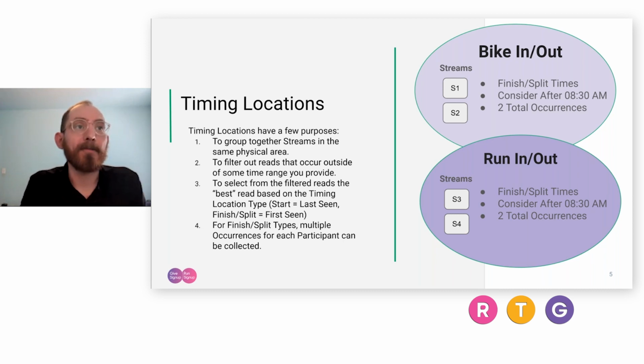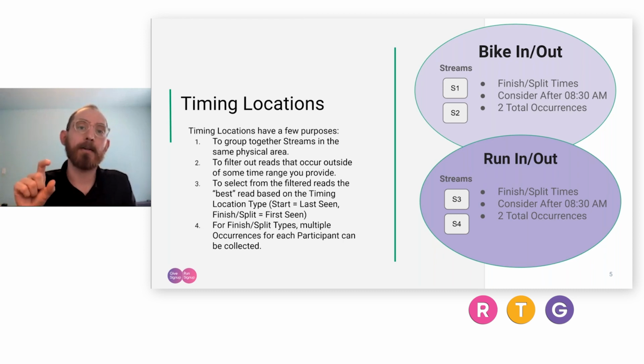And then if you're using a finish or a split type, you also have the option to say that this location can accept up to X number of occurrences. So what you'll commonly see for a triathlon, and I'll show it in the next screen here, is that they come into the swim in, run out reader, they go through transition, they hit the bike in, bike out reader, and they go out on a bike course and they come back and hit that same reader again.